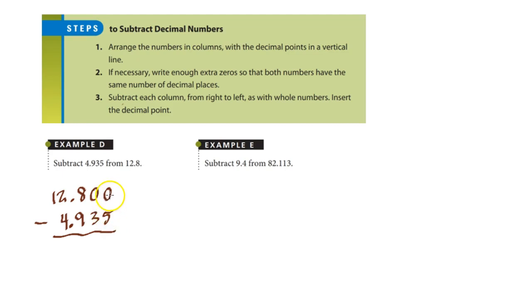If the number on top is smaller, then we have to borrow from the number to the left. So notice that the first two comparisons are both smaller on top. So we actually have to borrow, actually no, three in a row. Okay, so we have to borrow three times in a row.